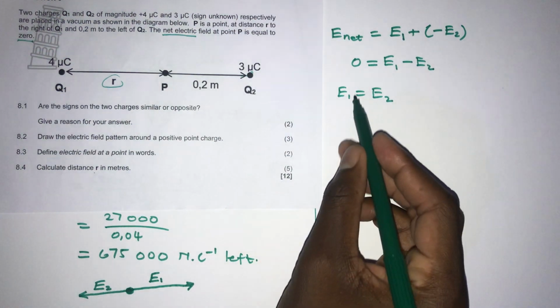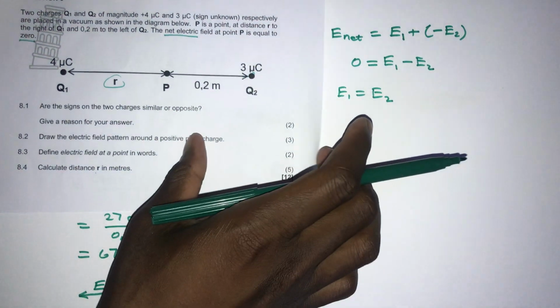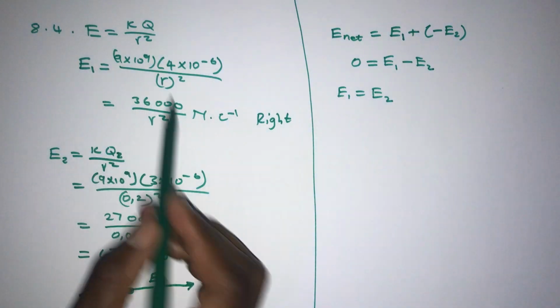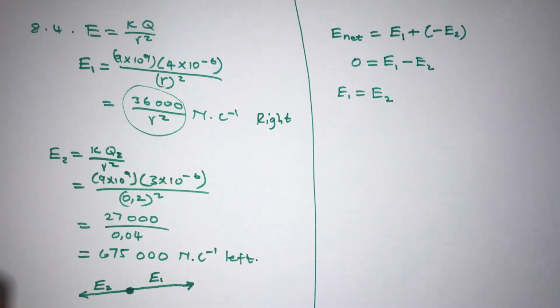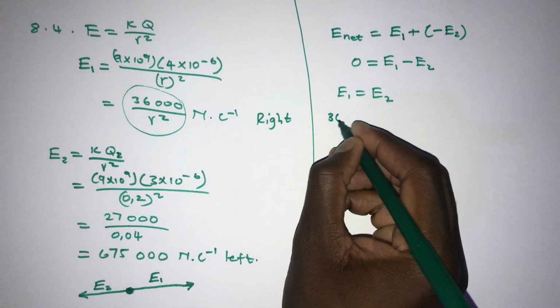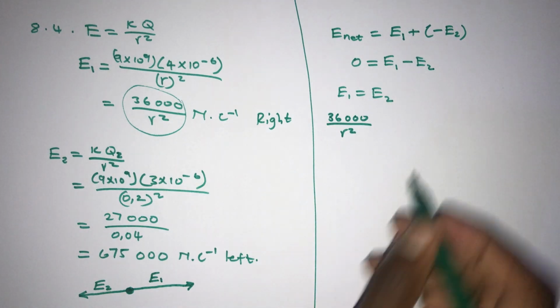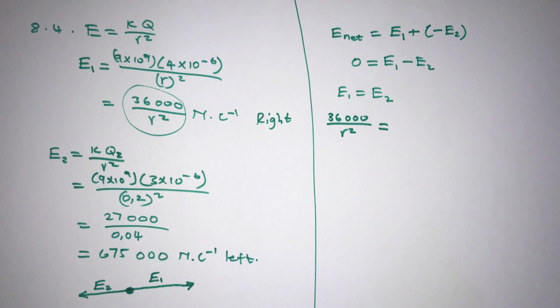So now, what is E1? E1 is 36,000 divided by R squared. So now we're going to say this is 36,000 divided by R squared, which equals, what is E2?